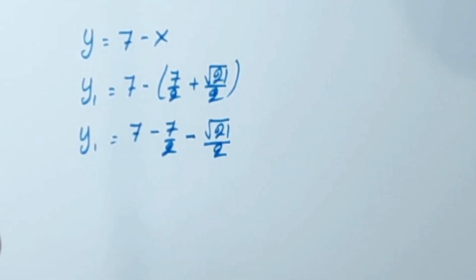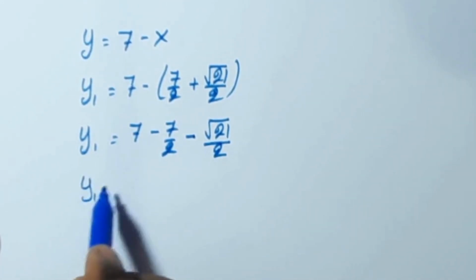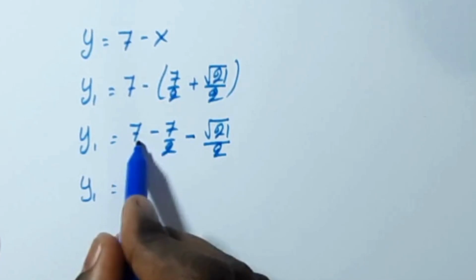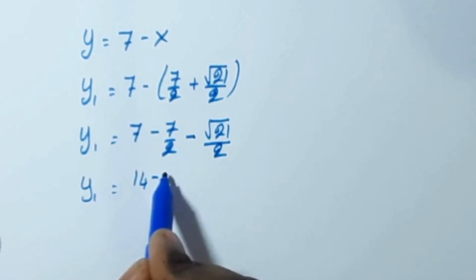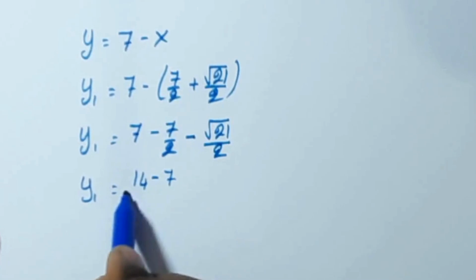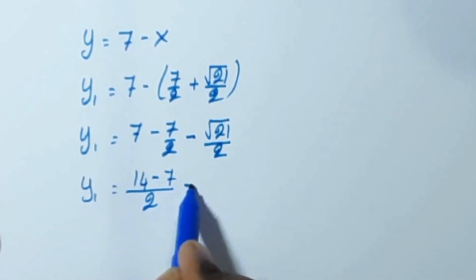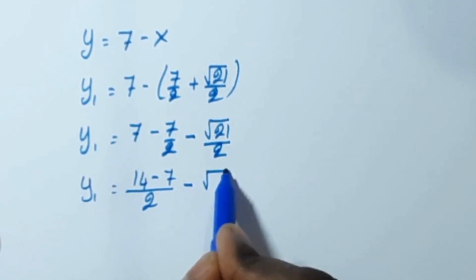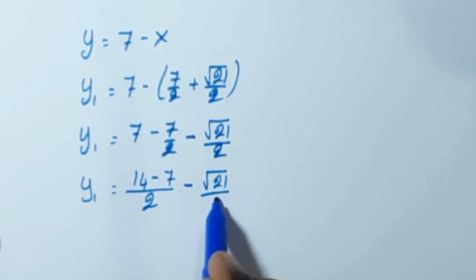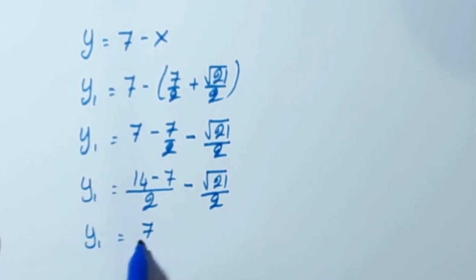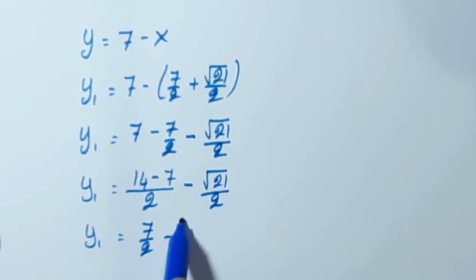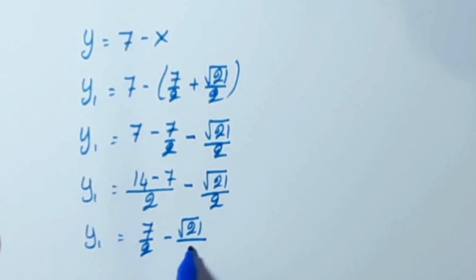Here we can consider that y1 equals 2 times 7 is 14, minus 7 by 2, minus square root of 21 by 2. So y1 equals 7 by 2 minus square root of 21 by 2.